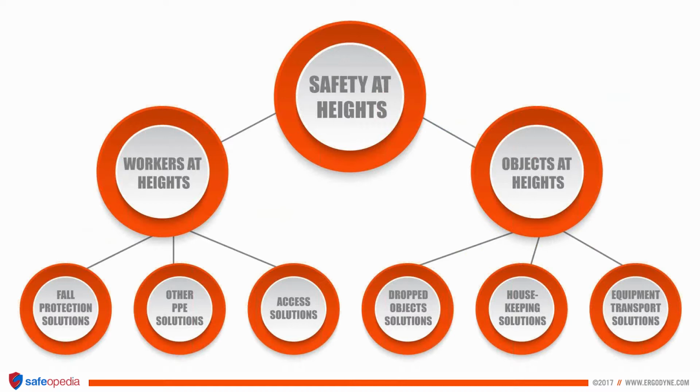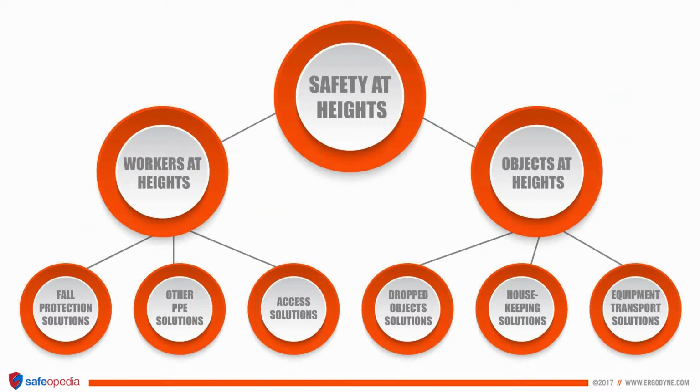And then also, how are we getting workers to and from the at heights work location, whether it be on a tower, on top of a high rise, in a bucket, anywhere really. How are people getting to and from those locations safely? What often is overlooked, or treated as secondary, is how do we manage all of the tools and equipment and any of those objects the workers are using or dealing with when they're working at heights.